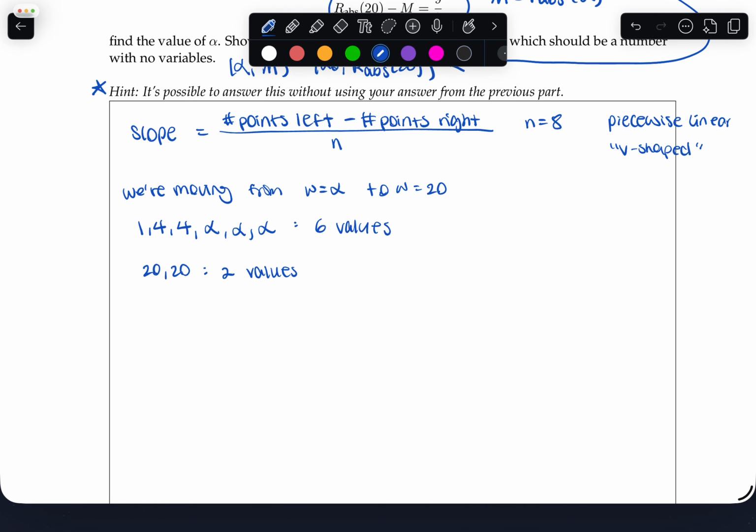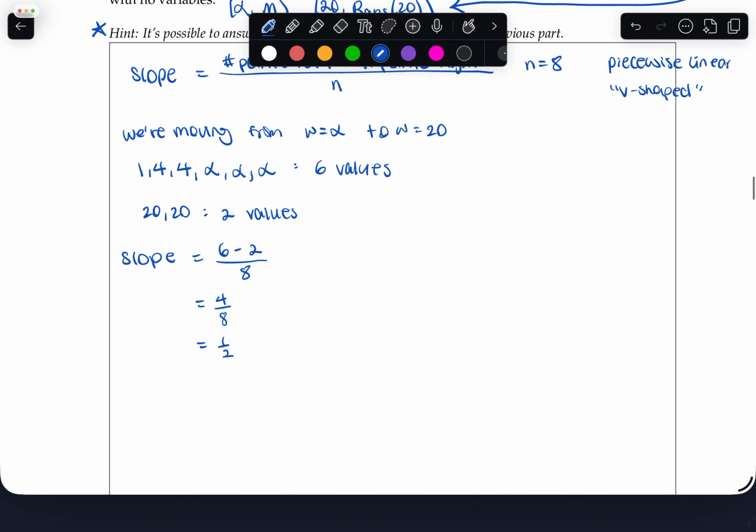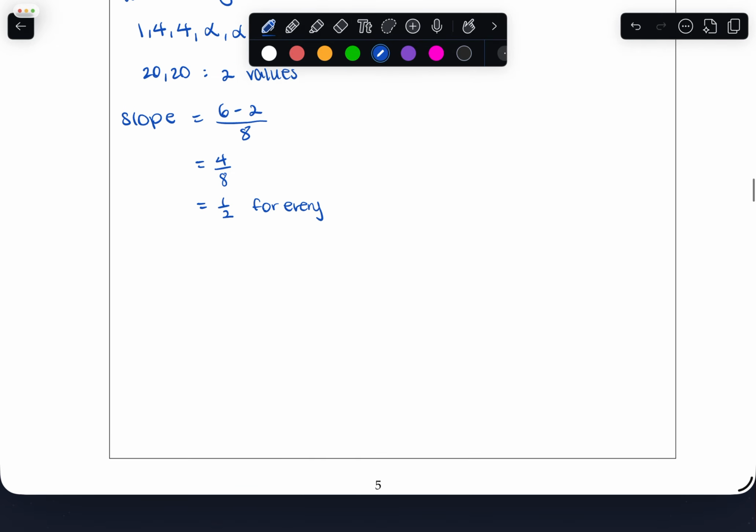So on this interval from alpha to 20, the slope is equal to 6 minus 2 over 8, which is 4 over 8, which is equal to 1/2. So for every one unit we move right, the MAE increases by half.